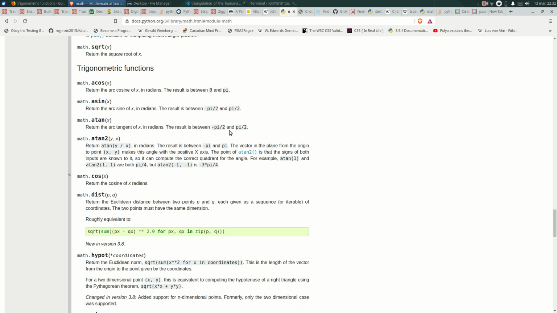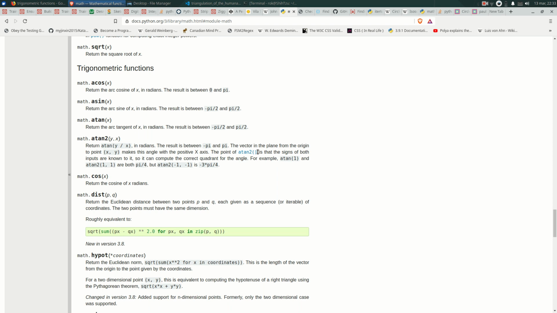The result is between minus pi divided by 2 and pi divided by 2. atan2 of y, x in radians: the vector in the plane from the origin to the point makes this angle with the positive x-axis.